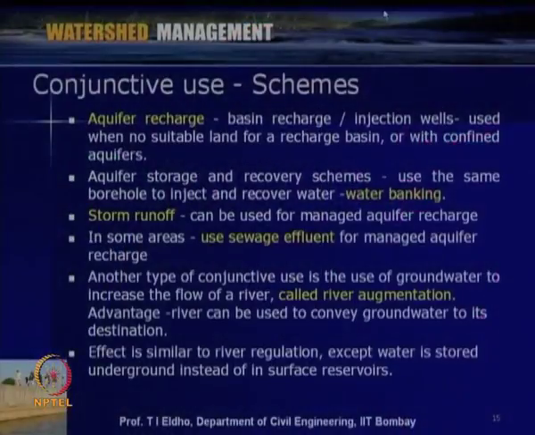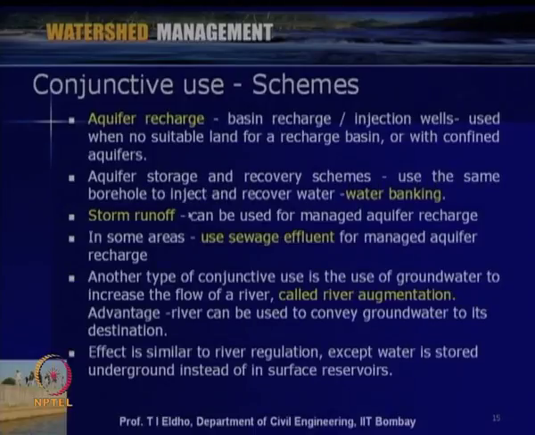So in any of the important schemes of conjunctive use, the major thrust will be on aquifer recharge. So like basin recharge, and injection wells, which we use when there is no suitable land for a recharge basin or with a confined aquifer system. So we can go for basin recharge or injection wells. Then aquifer storage and recovery schemes.